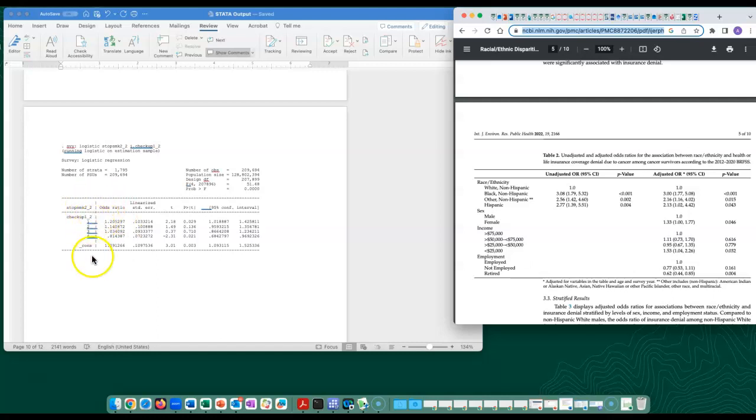Remember, the 0 isn't showing up, so your reference or your unexposed is those who have never had a visit for a routine checkup. And then we're looking at these exposed groups of having a checkup within the past 12 months, 1 year but less than 2 years ago for the 2s. The 3s are going to be 2 years but less than 5 years ago, and the 4s are going to be 5 or more years ago.